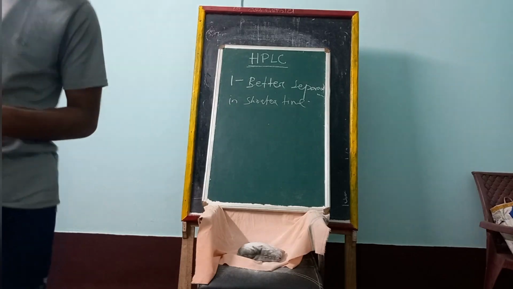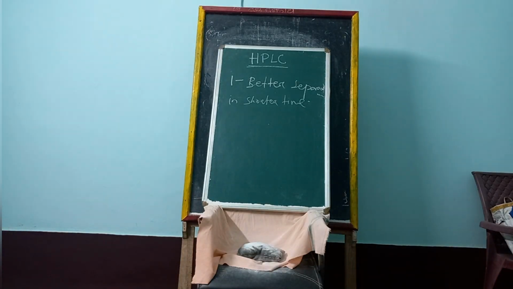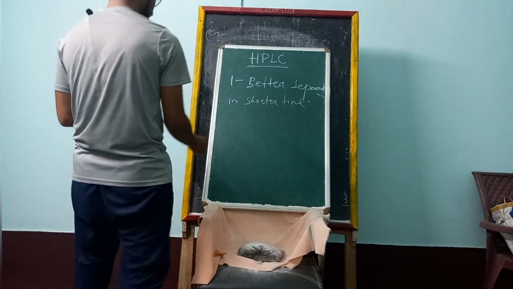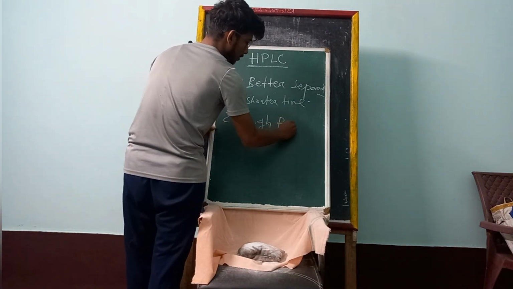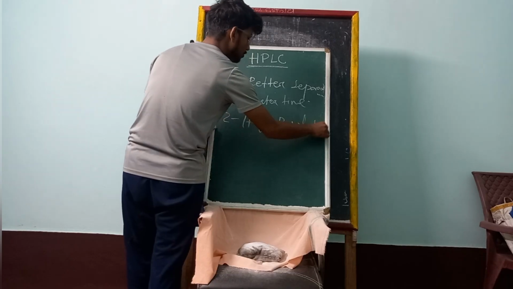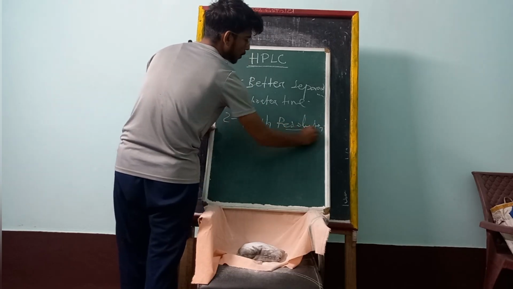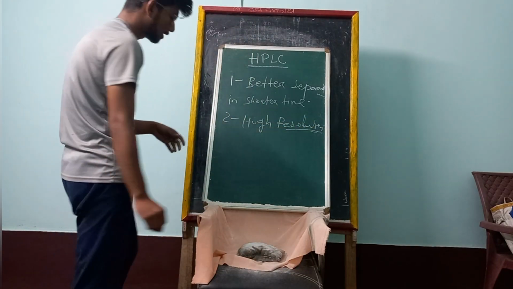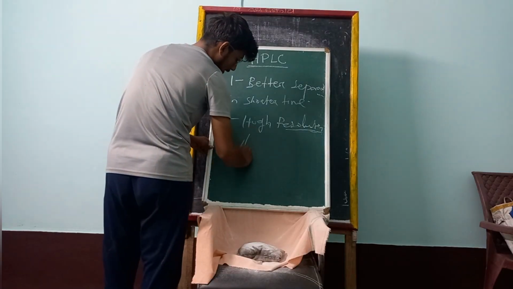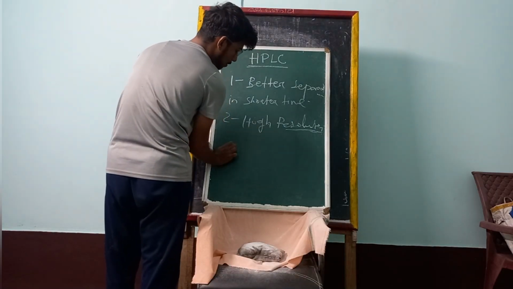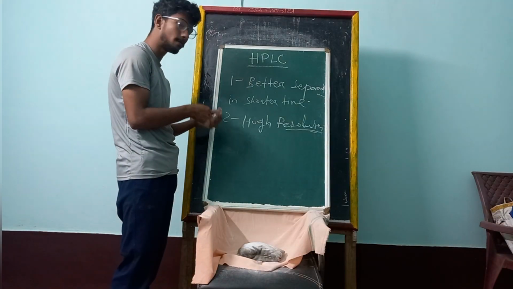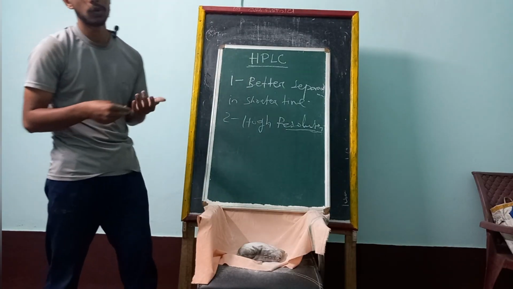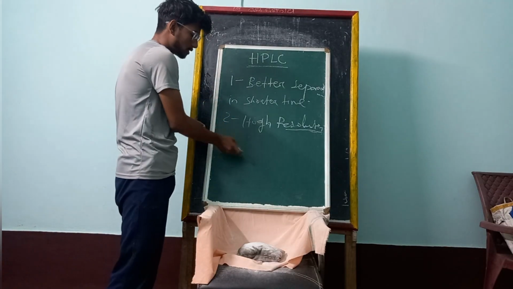HPLC saves time and separates better in a very short period of time, and it shows high resolution. High resolution means good clarity. It gives the perfect shape of the peak, perfect separation, and perfect identification, and it can identify every trace or tiny material from a mixture. Due to this, we can identify very small impurities.